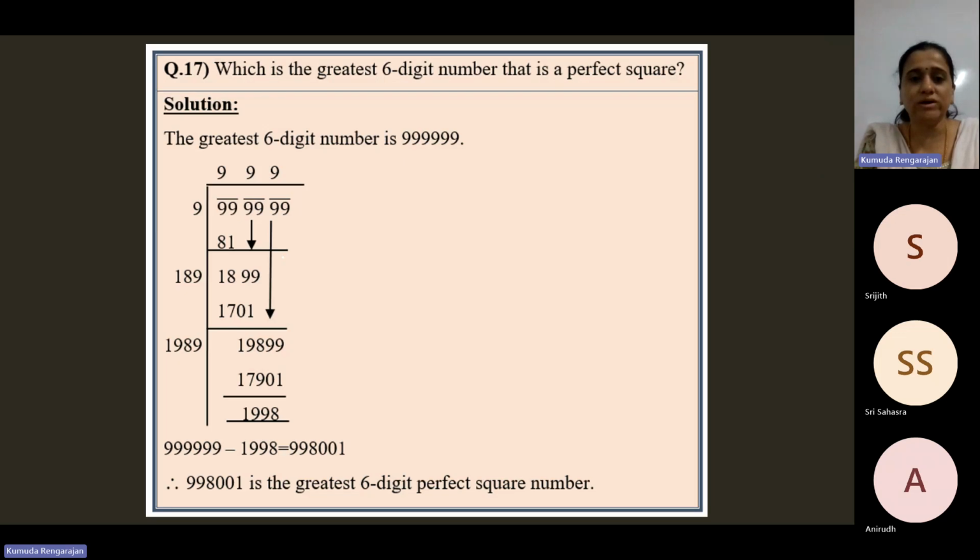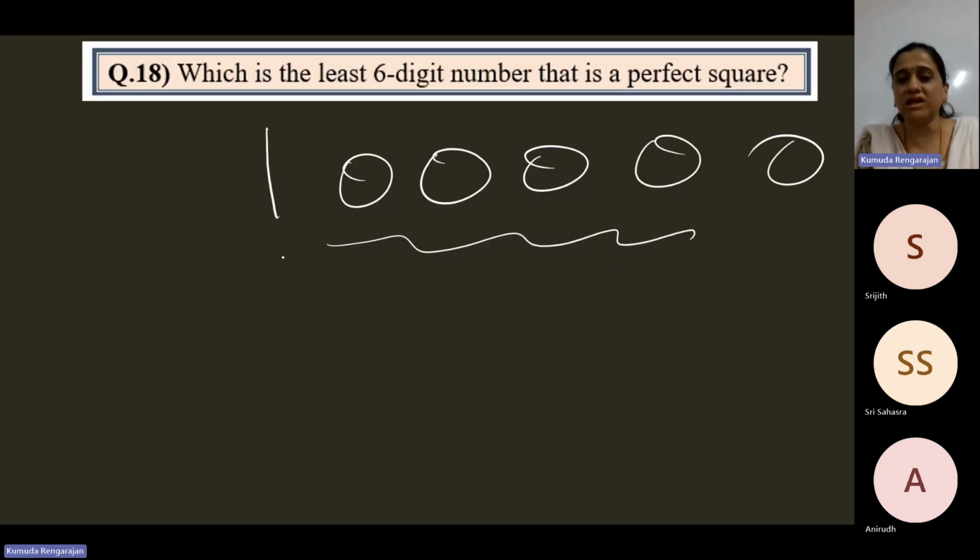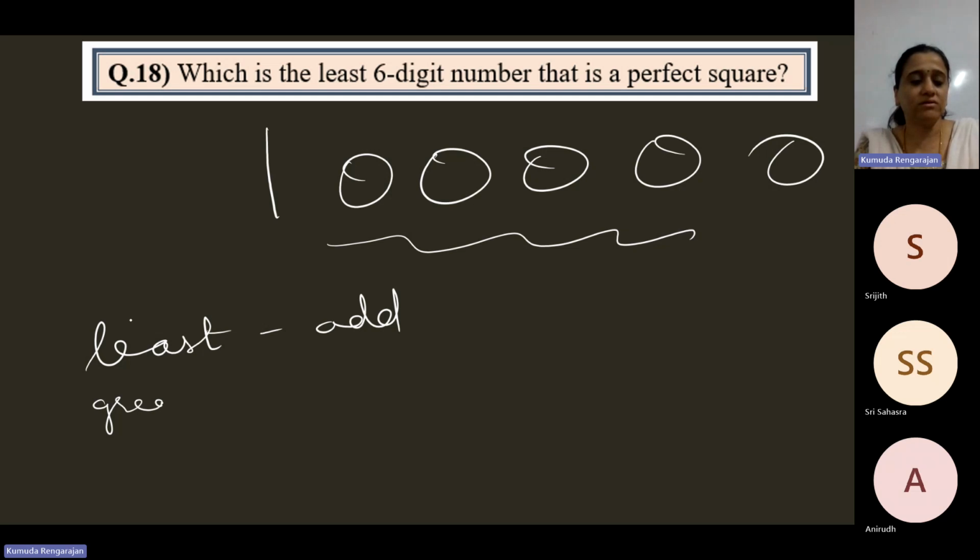That is, how did you work this one? What is the least number to be added? This procedure should be used there. So to find the smallest number, use the addition procedure. To find the greatest number, use the subtraction procedure. Just remember: least, add; greatest, subtract.